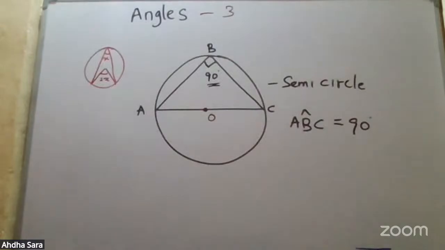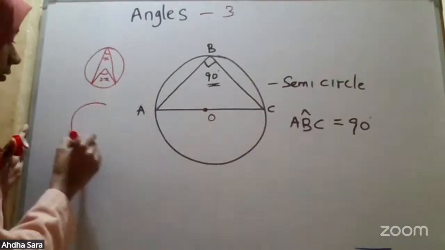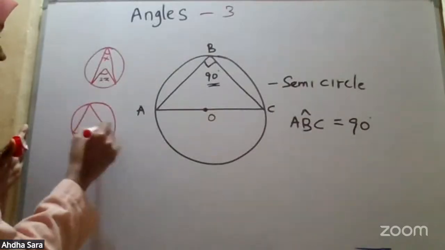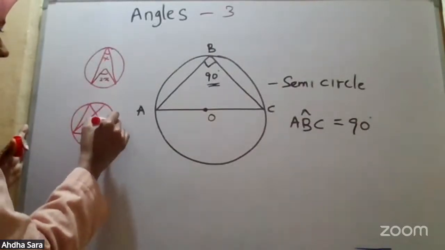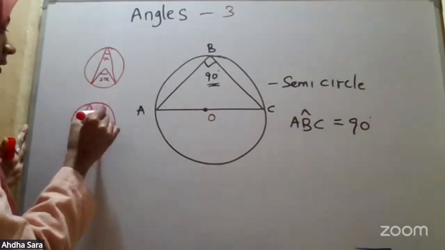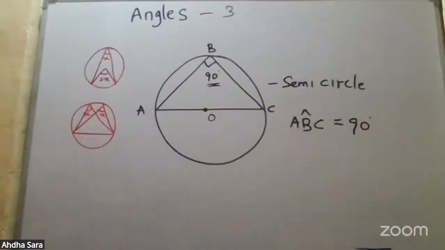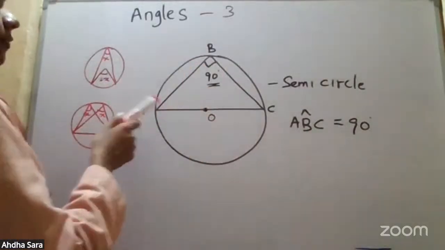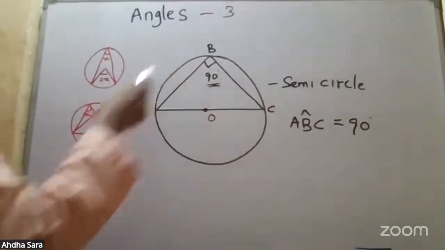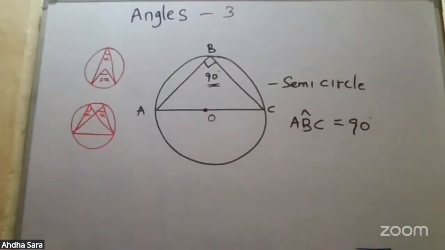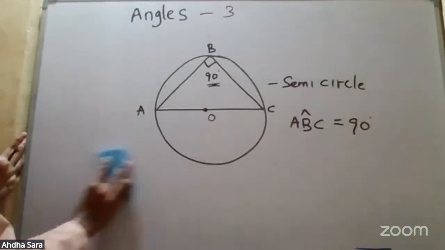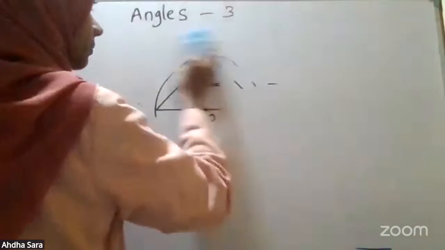And the second, the angles that form in the same segment are equal. And the third theorem is the angle that is formed inside a semicircle gets the value 90 degrees. So these are the theorems that come under angles in a circle.